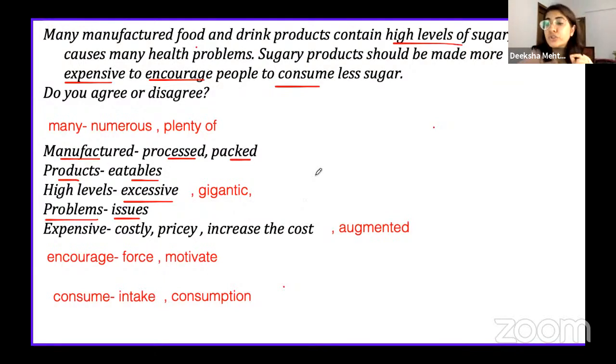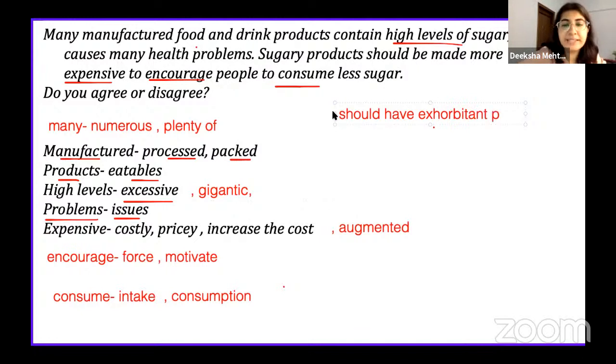Okay. So sugary edible items must be made more exorbitant. You can say should have exorbitant prices. So exorbitant is a good adjective for prices. All right, great, good.